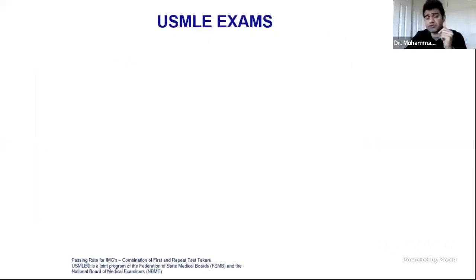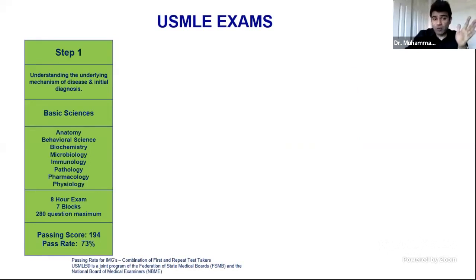Now, how should I prepare for this exam? Step 1, as I said, is basic foundational knowledge. Subjects like anatomy, behavioral, biochemistry, all these basic science subjects, you have to do well on. If you go on the ECFMG website, it says the exam requires mastery of the content. It doesn't require just a basic understanding.